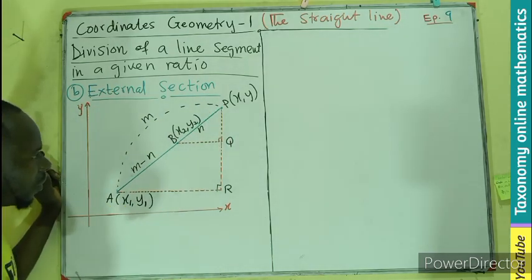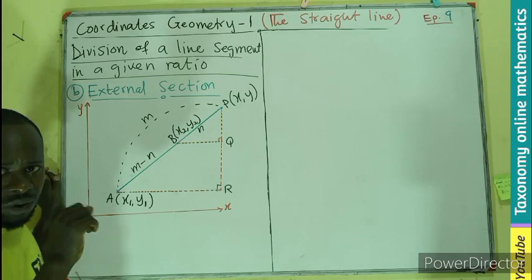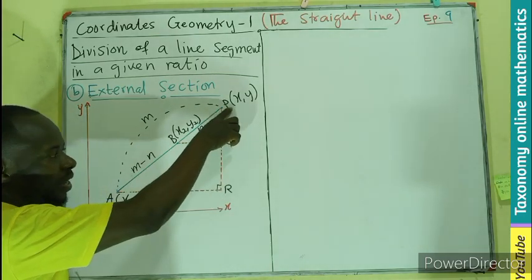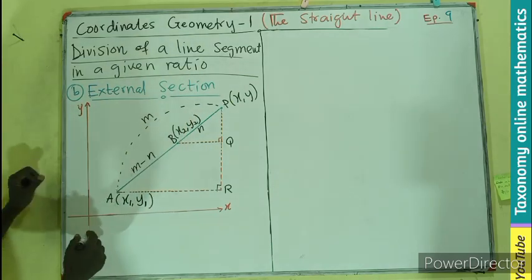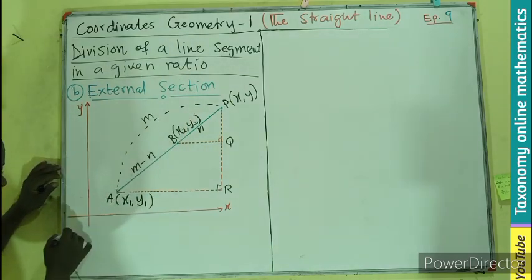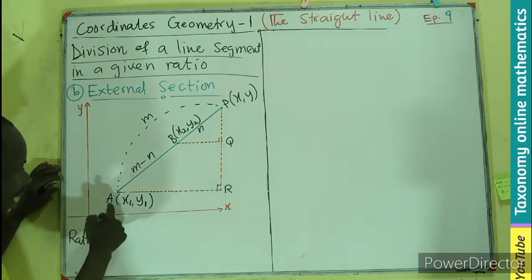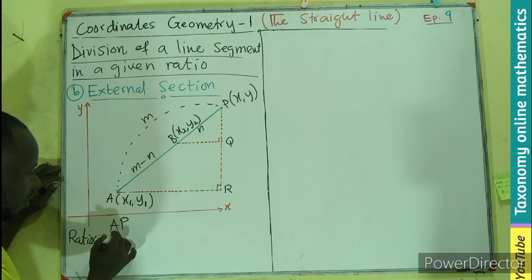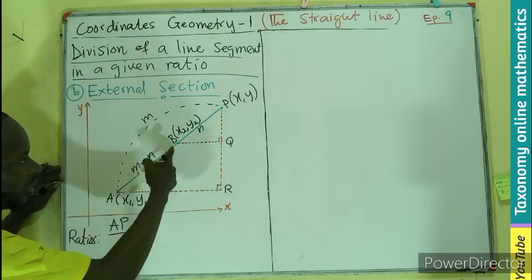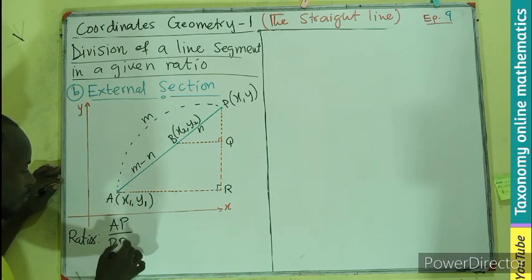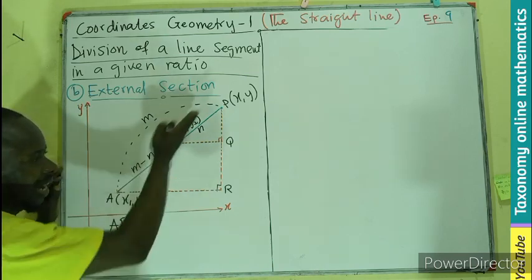Alright, so let's go. I'm picking the first right angle triangle, ARP. The longest side here will be, let me see, ratios. I'll be having AP divided by the smaller right angle triangle here. We'll have the side BP, which is slant.